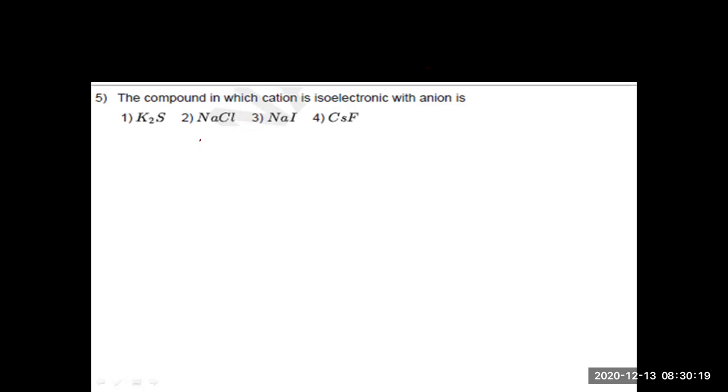Any idea? Okay. So I think option 1, sir. Option 1. How many electrons would be there in cation and anion?